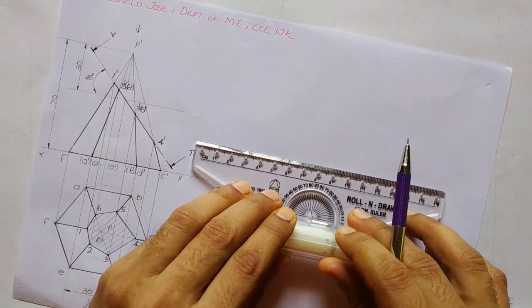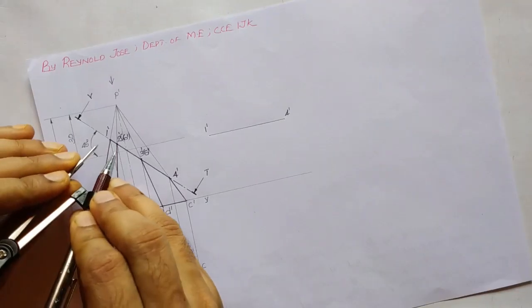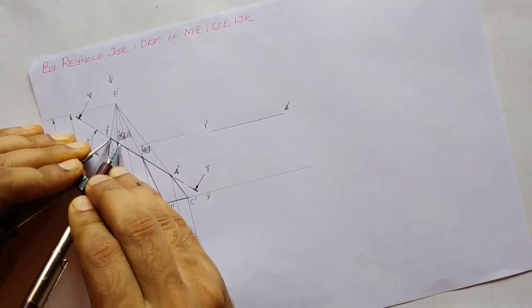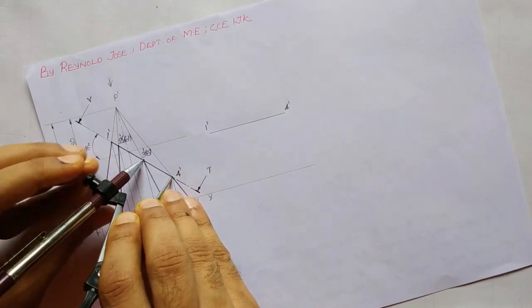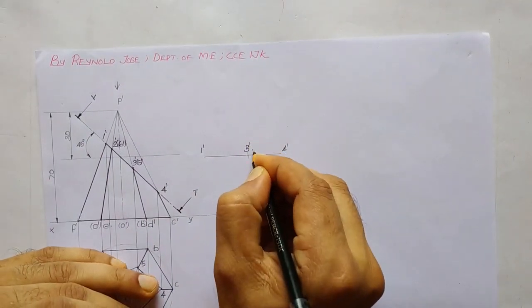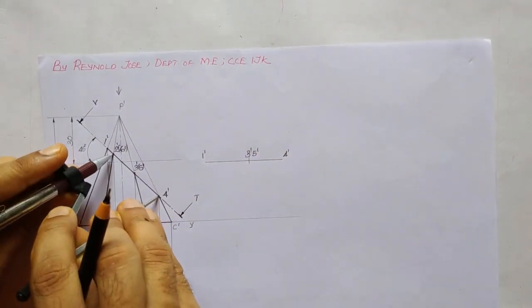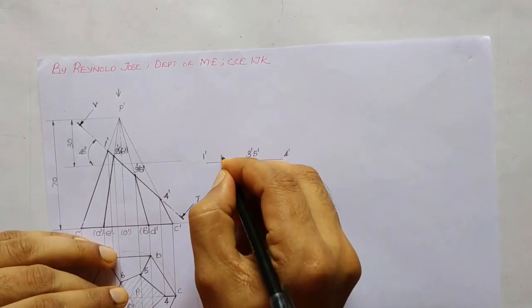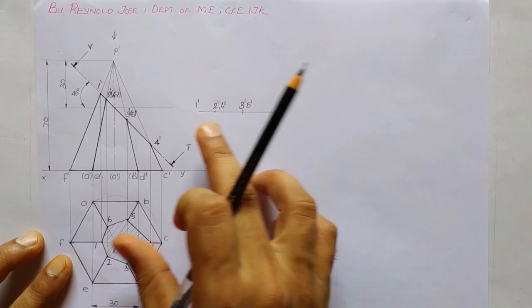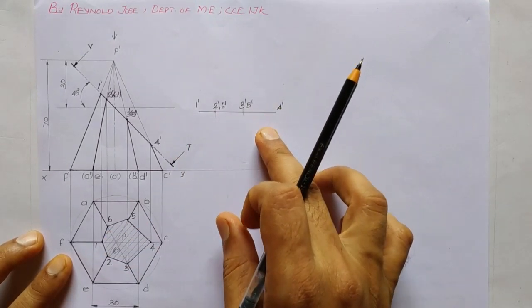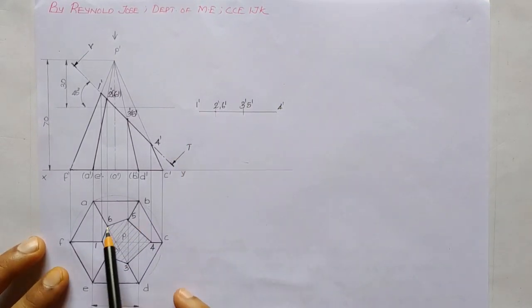Now we shall mark 2' 6' and 3' 5' with the help of a compass by taking measurements from the front. Now we shall extend projectors from this line to this area and from this 1, 2, 3, 4, 5, 6 to the right hand side.